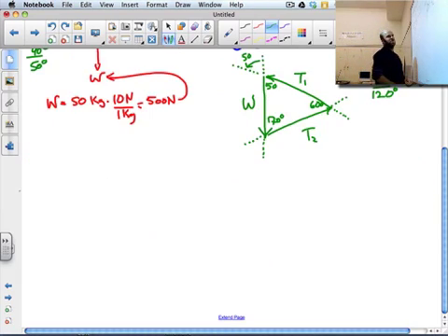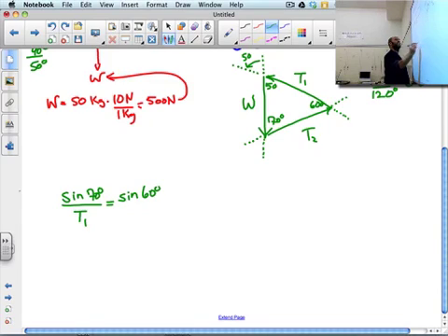Since this is not a right triangle, I'm going to need to use my law of sines. So let's set it up. Sine of 70 degrees over T1 has to equal sine of 60 degrees over my weight, which is 500 newtons, and that has to equal sine of 50 degrees over my T2.